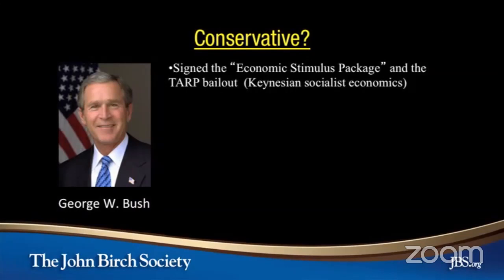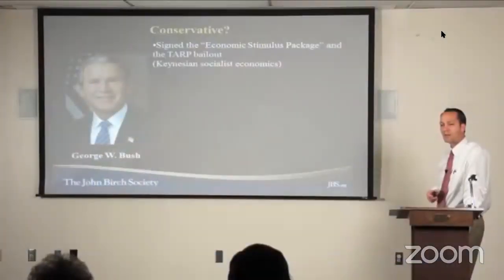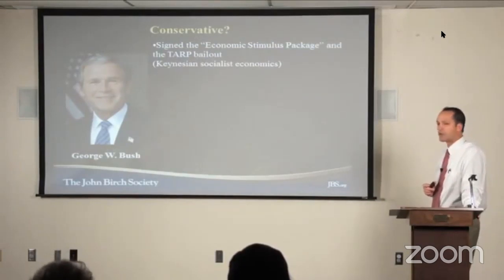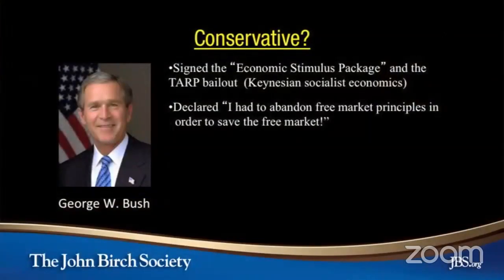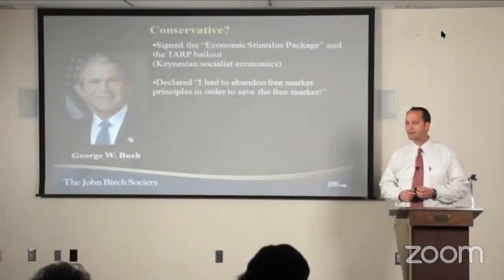Very clearly Keynesian socialist economics, some of the topics that we covered in Lecture 3. That is not the economic theory of a free market system, nor the traditional economic theory of a conservative. He also declared in his defense, "I had to abandon free market principles in order to save the free market." It doesn't sound like he believes that free markets would work.